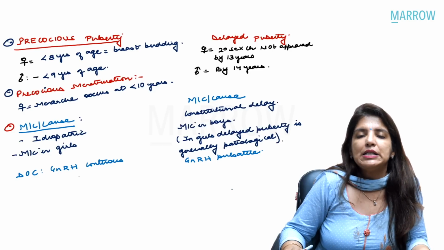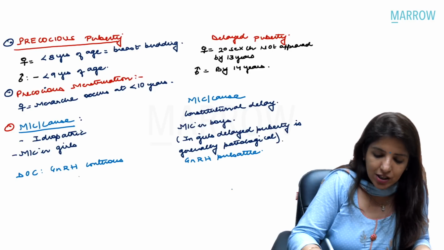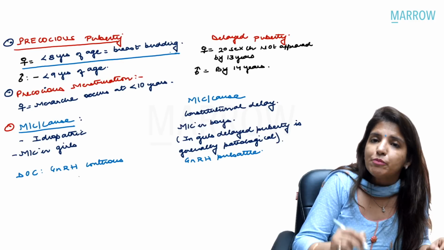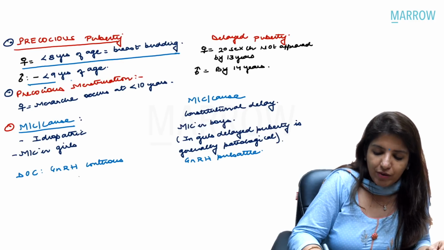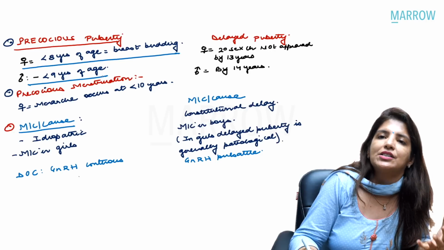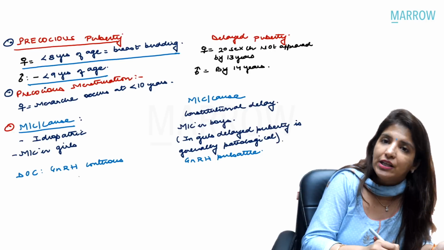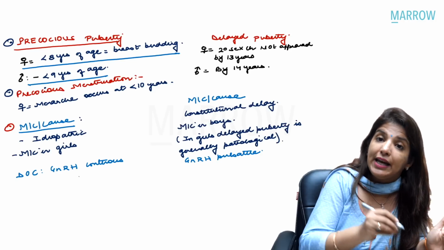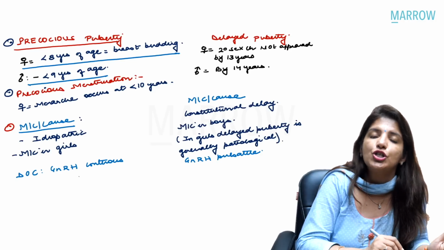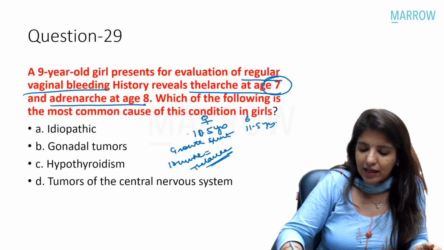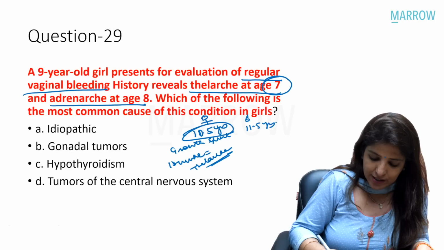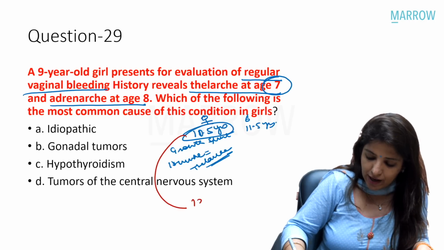Precocious puberty means breast budding in a female at less than 8 years of age. In males, precocious puberty means signs of puberty appearing at less than 9 years of age. Now, normally when puberty happens at 10.5 years, menarche happens around 12.5 years.